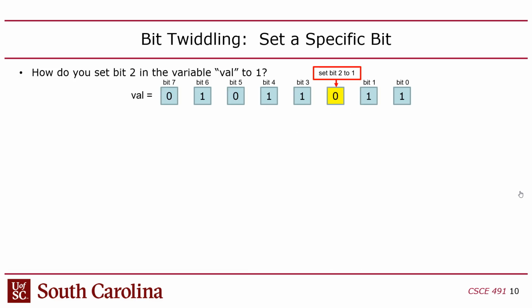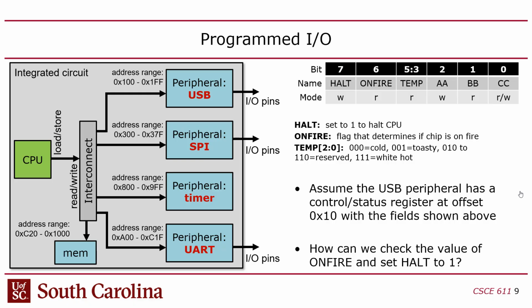Okay, but here's where things get even more complicated. Each control word, each I/O register, is a word, right? So if the USB peripheral has 64 I/O registers, which is 256 bytes, each one of those registers is further divided into bit fields.